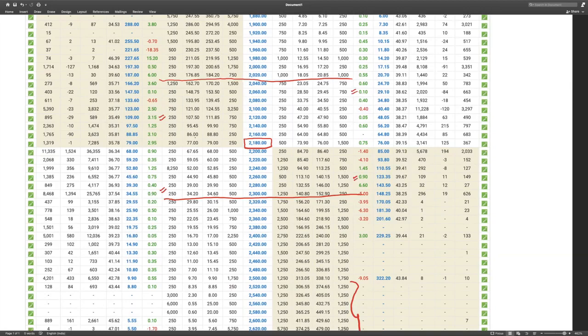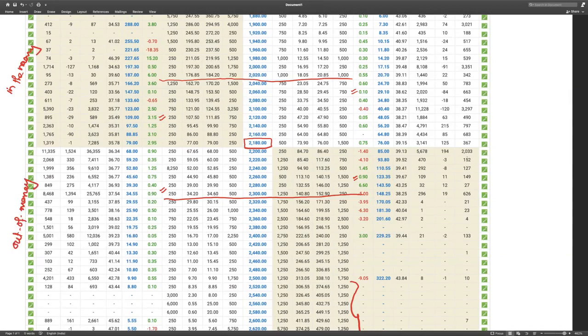This is to indicate that in call options all these are in the money options, and these all are out of the money call options.